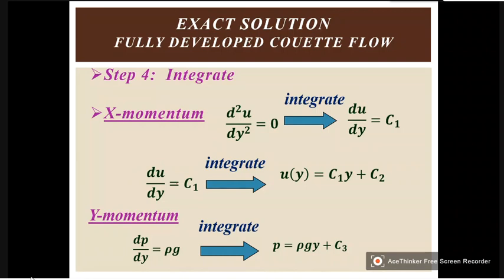This will give me u, which will be a function of y, is equal to C1y plus C2. So this is what we get. Of course, we have already done the y momentum equation.